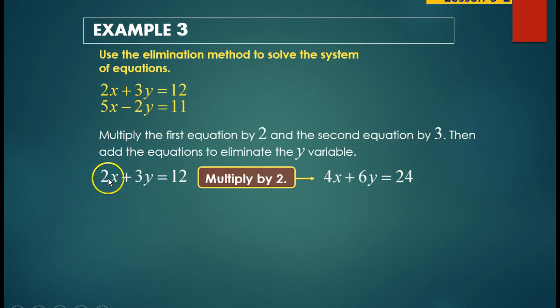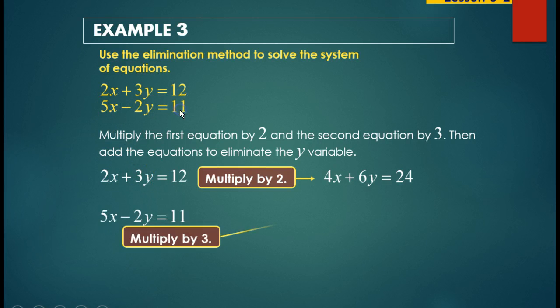Remember, you need to multiply this term and the middle one. That guy always gets forgotten. Multiplying the second equation by 3, we multiply this one by 3, this one by 3, and this one by 3. We get 15x minus 6y equals 33.